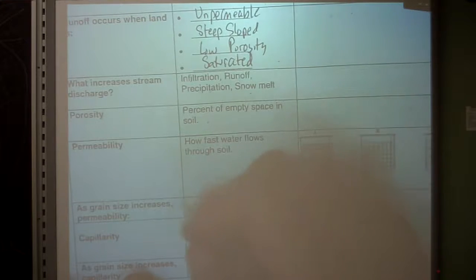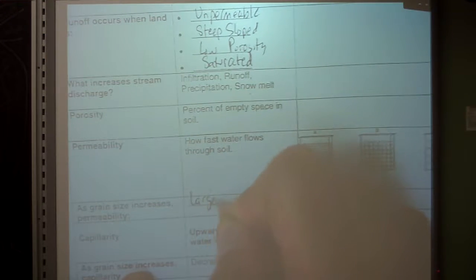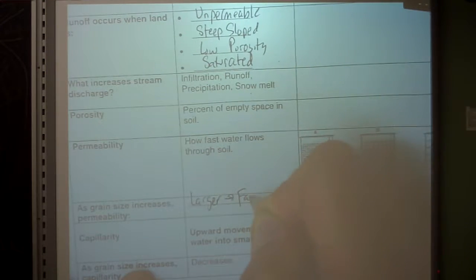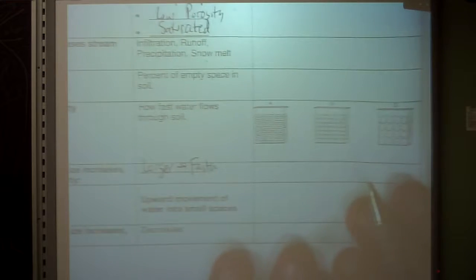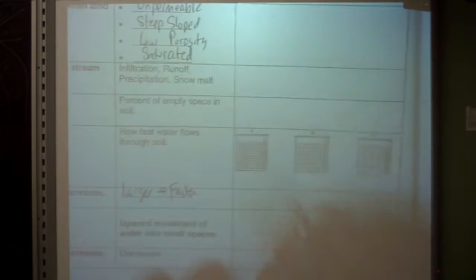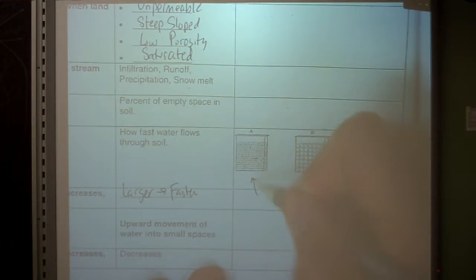So the larger the size, usually faster. Now I do want to point out that if I mix these up, the small beads will fill in the holes here, and I'll have less porosity, less permeability. There's also something called capillarity, the upward motion. And actually this one will have the greatest capillarity.